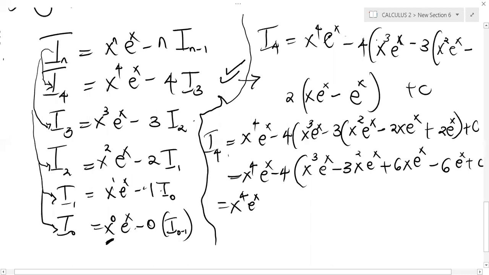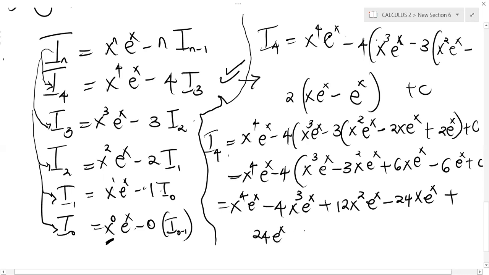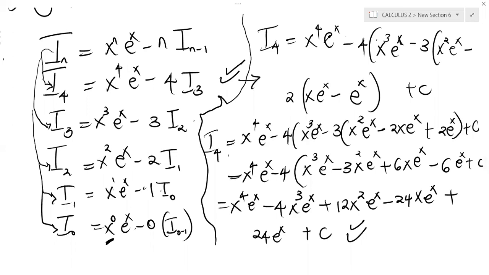Then this will give us minus 4x cubed exponential x, minus will have plus 12x squared exponential x minus 24x exponential x, minus will give us plus 24 exponential x plus c. And this is our answer. So that's how we go about that particular reduction formula, guys.